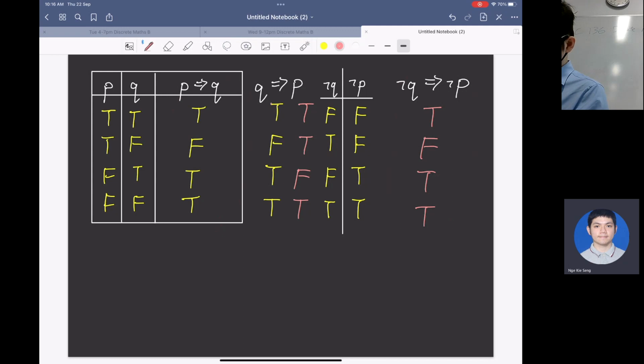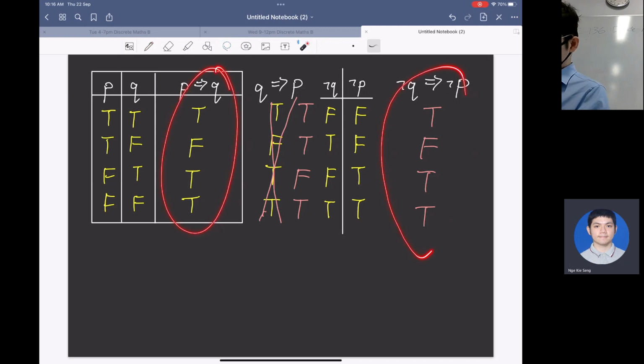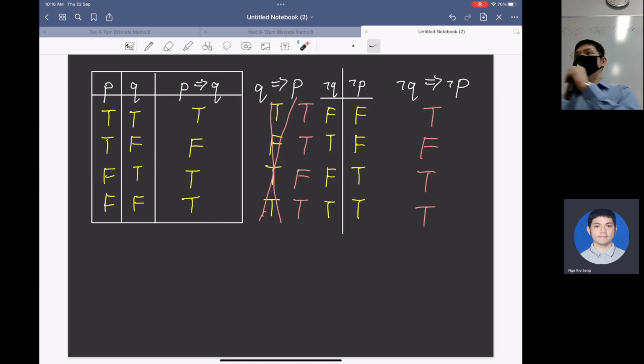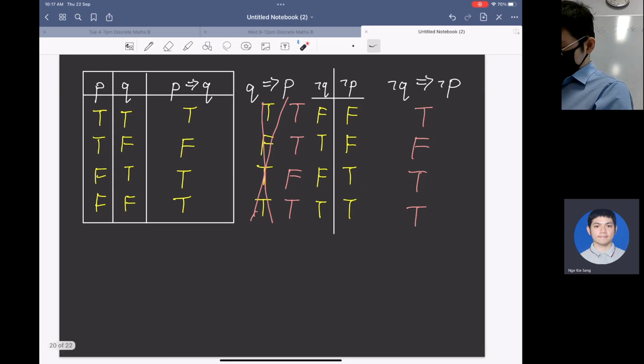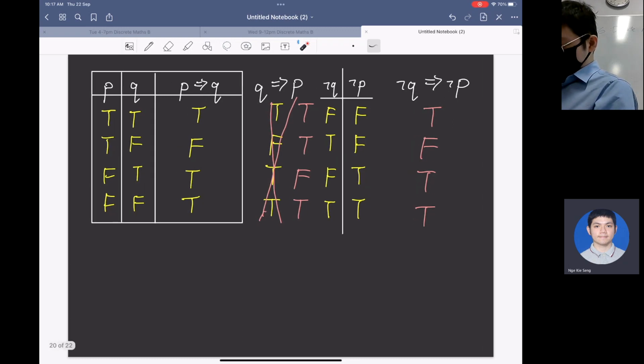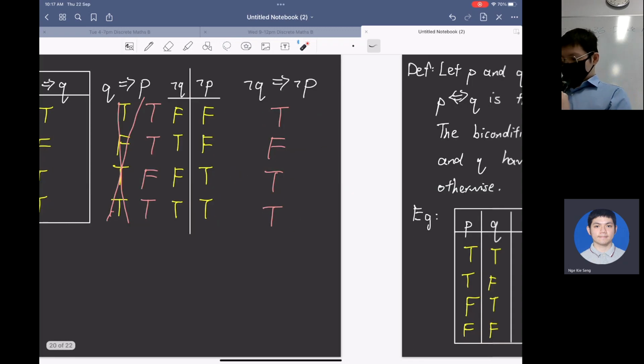Okay, so these two have the same truth table, so they are equivalent. This is what I meant by equivalent. Any question? No? Okay, we will come back to this again later. But it's a good question.